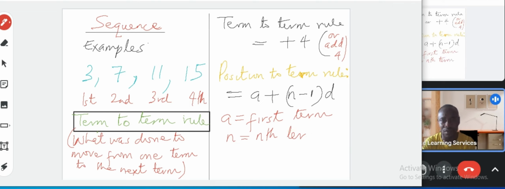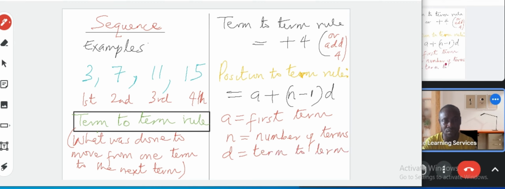Let me just call it number of terms. And D is what we call term to term rule or common difference.